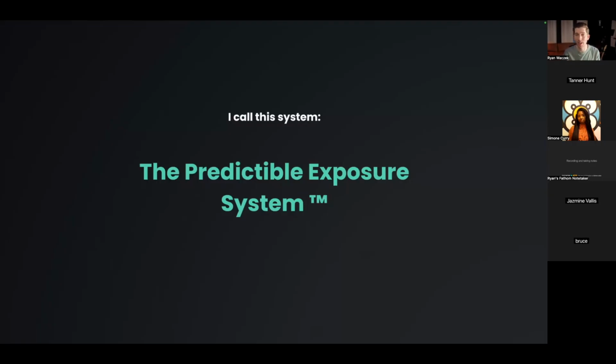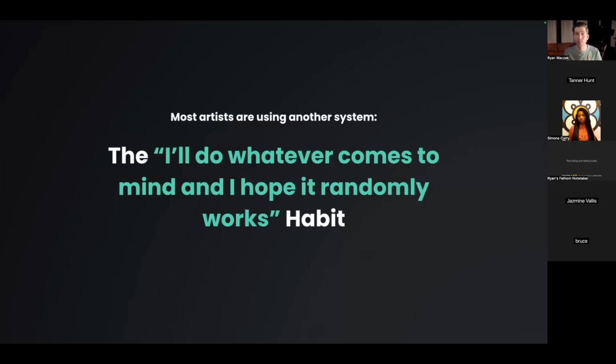And 9 times out of 10, when an artist tells me that they're promoting but not seeing results, it's because they don't have any system or plan that they're operating out of. In fact, they're probably operating out of another system, which is the I'll do whatever comes to mind and I hope that it randomly works. It's really a bad habit rather than a system.